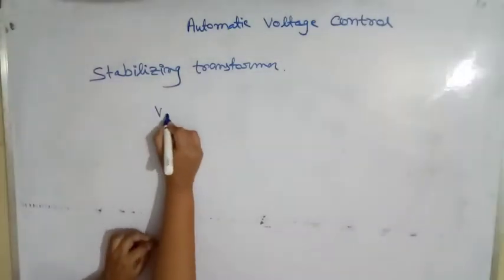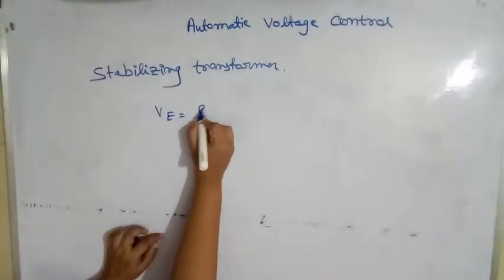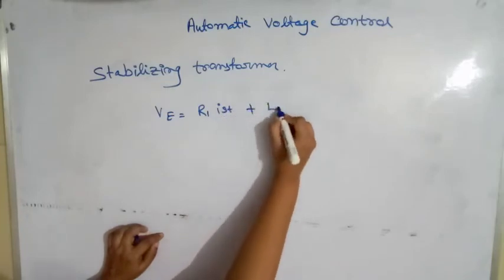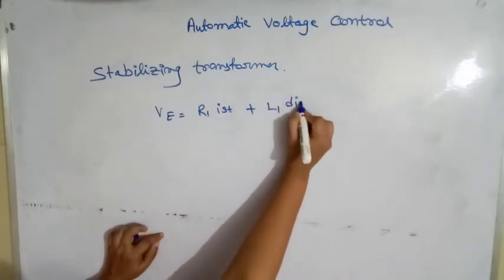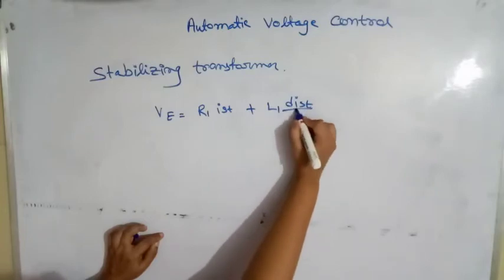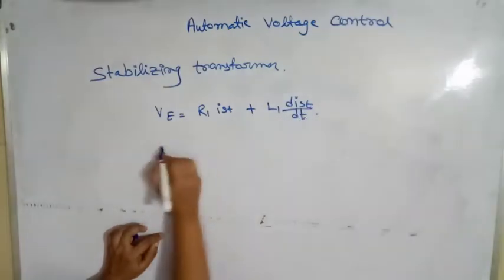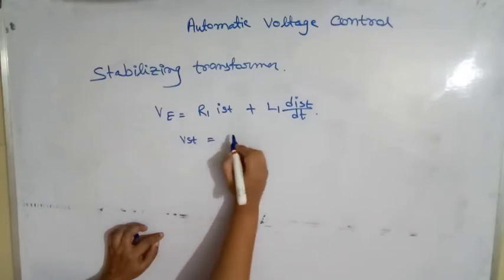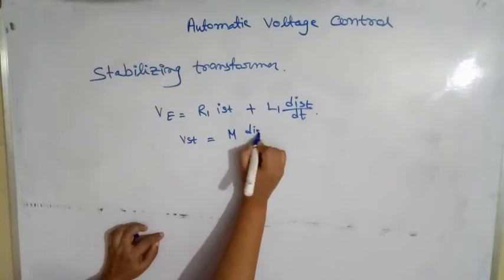So VE is equal to R1 into IST plus L1 dIST by dt, and the voltage of the stabilizing transformer is M dIST by dt.